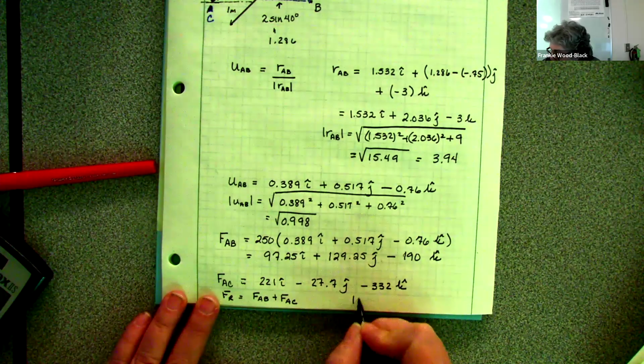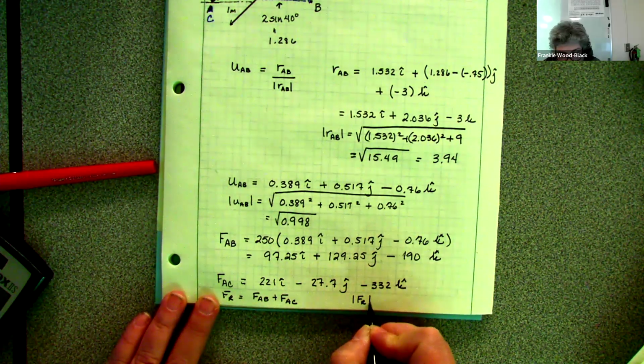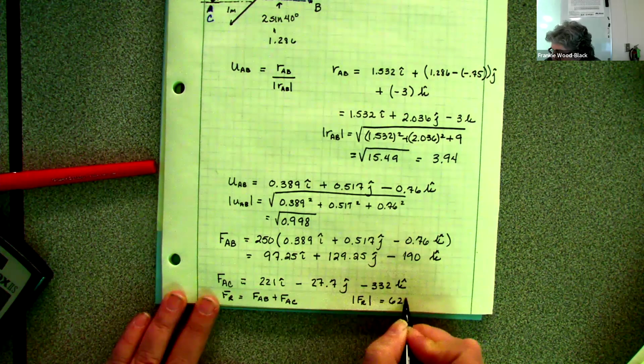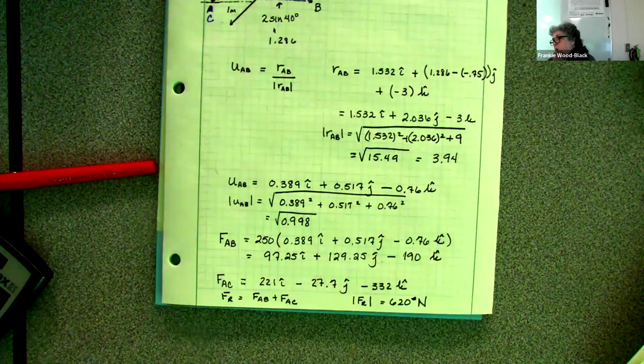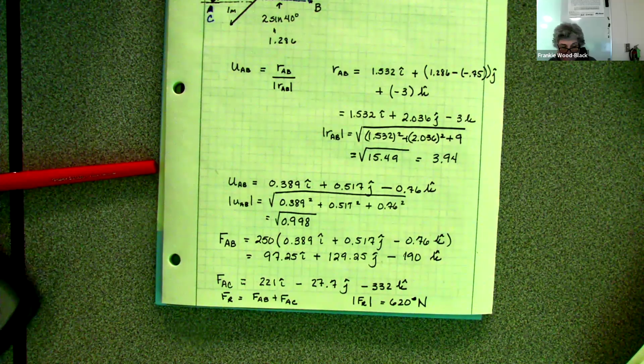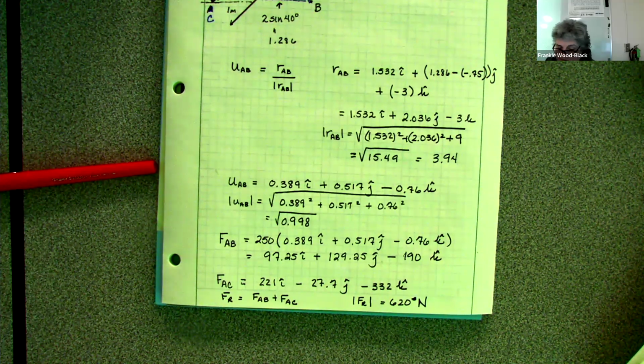And that's going to have a magnitude of 620 newtons. And then you can calculate the alphas, betas, and gammas.